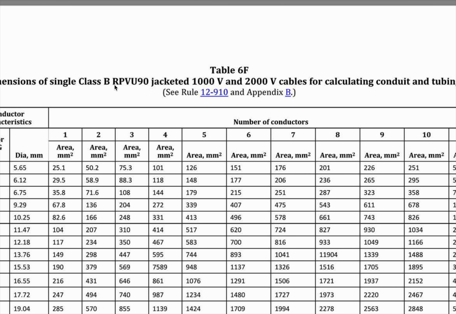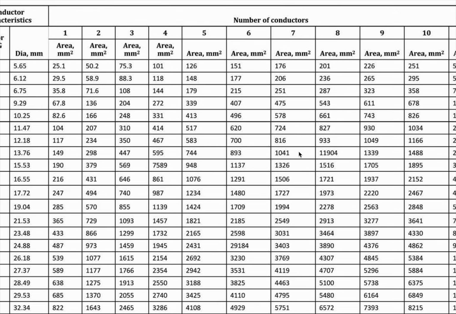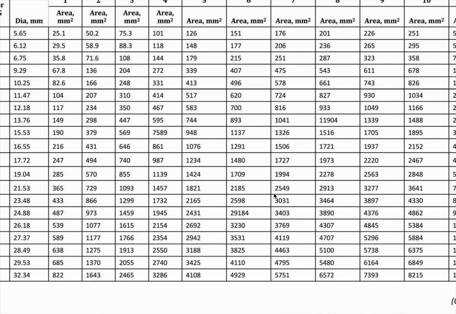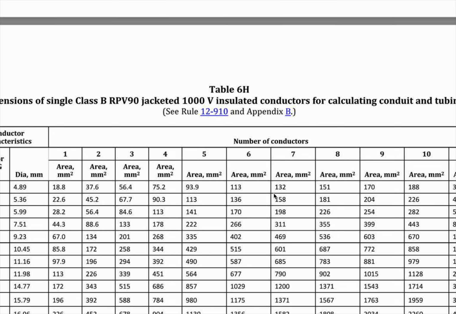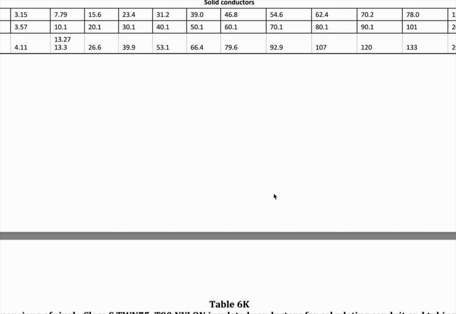Table 6F is about jacketed, 1000 and 2000 volts, and for 10 wires of number 14 AWG, you need 251 mm2 of area. So imagine we need 251 mm2. We will go to table 9 to find out what size of conduit we need.